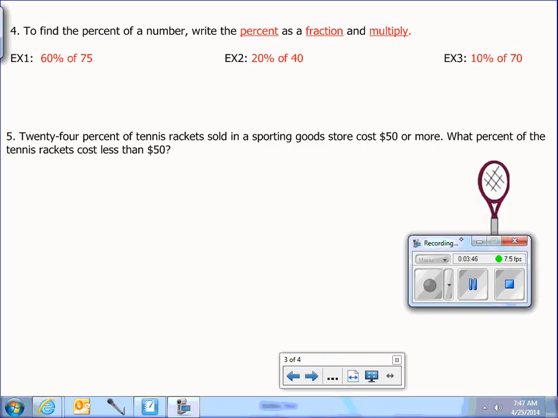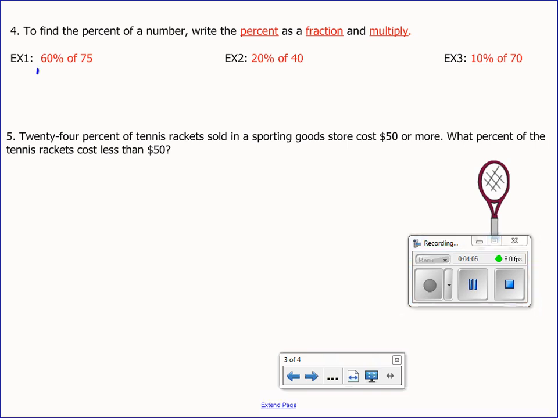Now, in another example 4, to find the percent of a number, write the percent as a fraction and multiply. So we have 60% of 75. Of, as you can remember, means to multiply. So if I've got 60%, I'm going to take 60 over 100. But before I use that number, I'm going to simplify that to 3/5.